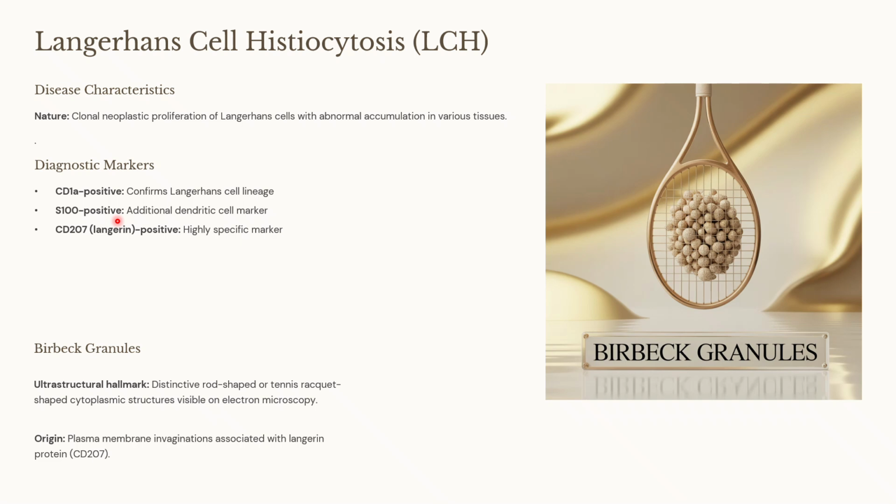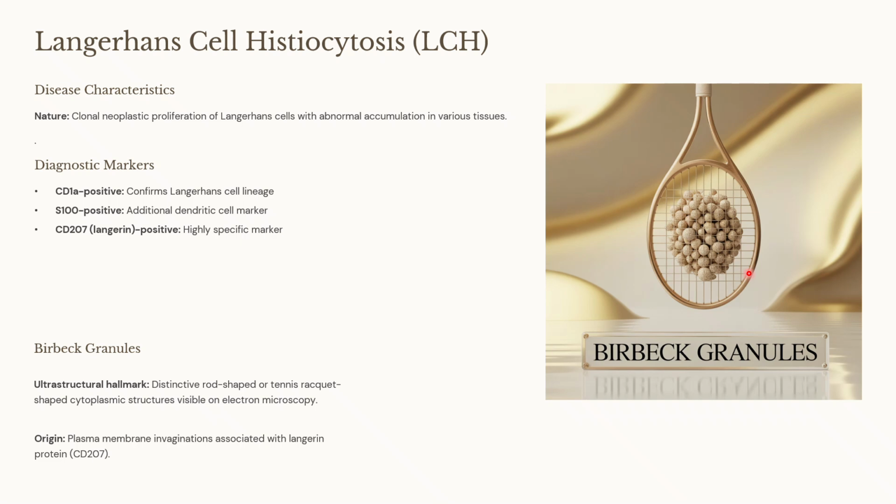And what else do we see in this condition? The cells are CD1A positive, S100 positive and Langerin positive. And on electron microscopy, they contain Birbeck granules. Birbeck granules, what are they?